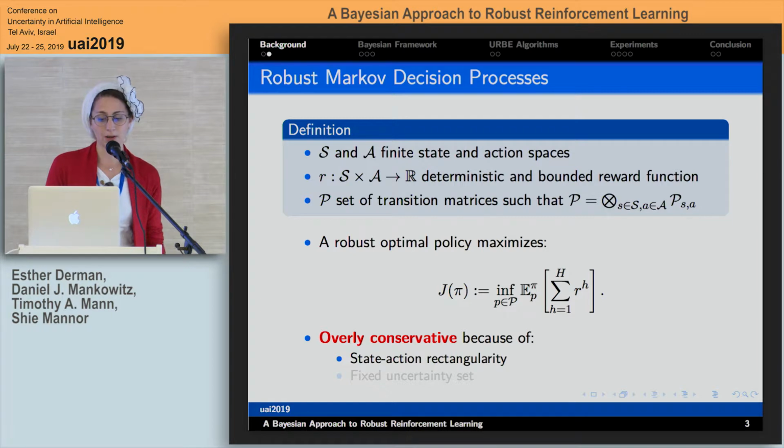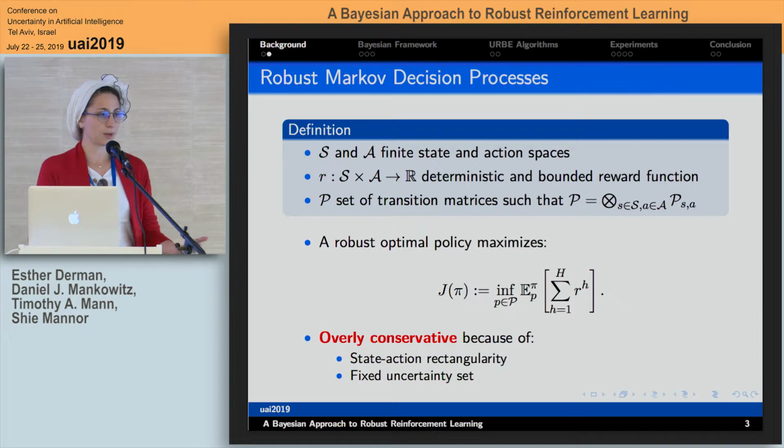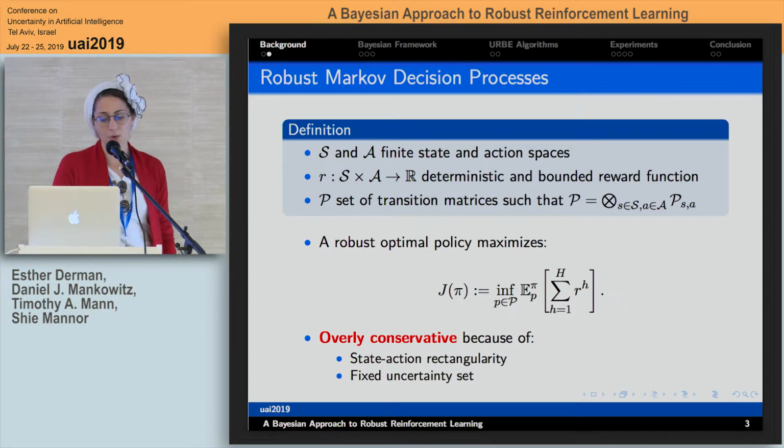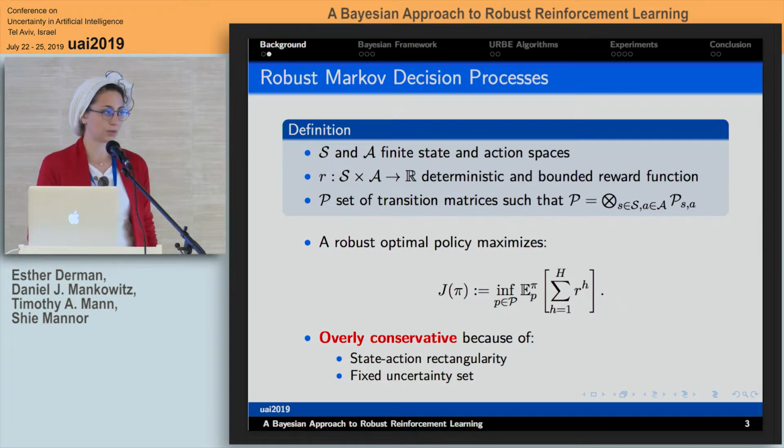Another reason why this robust framework can be overly conservative is that this set is initially fixed. So the robust policy cannot adapt itself to more advantageous scenarios. And in our work, we focus on this second problem of a fixed uncertainty set.